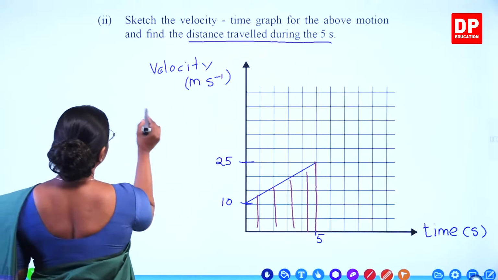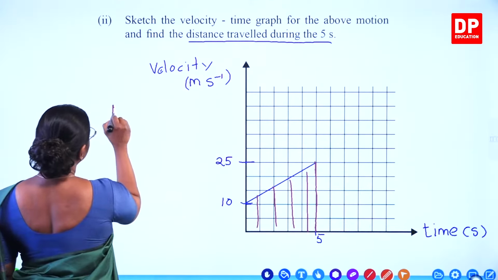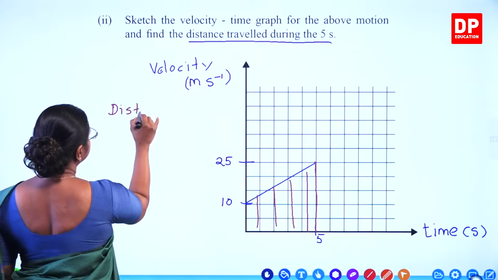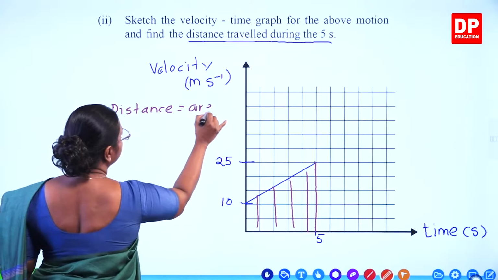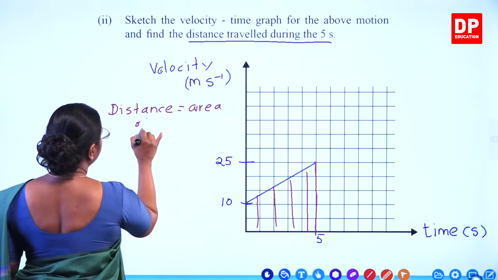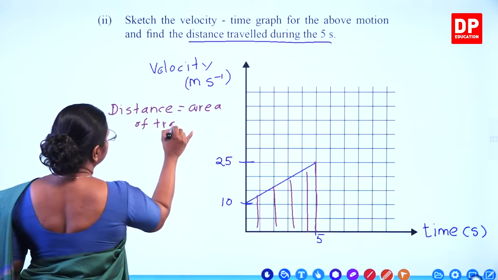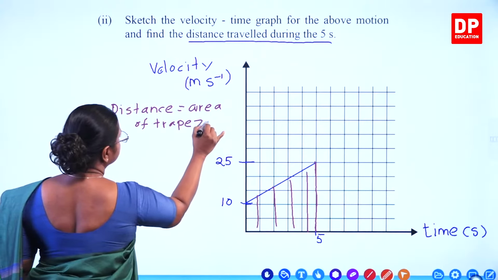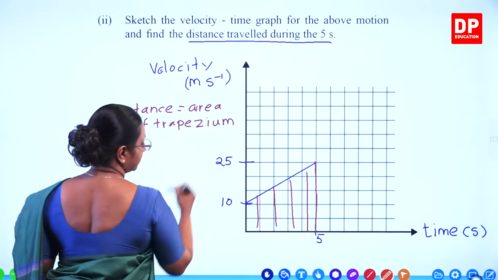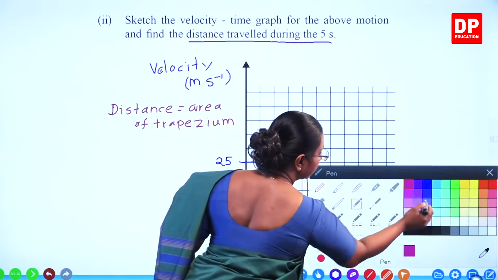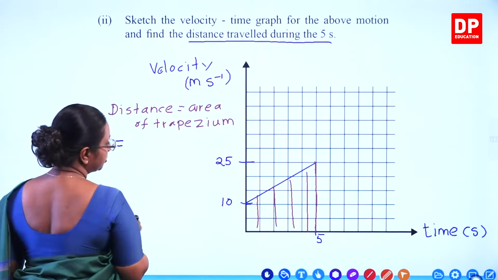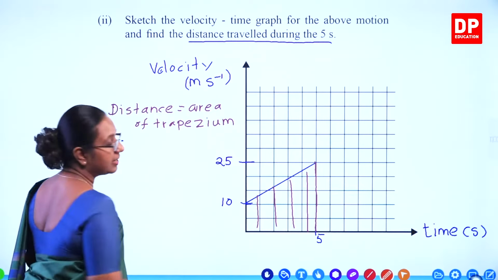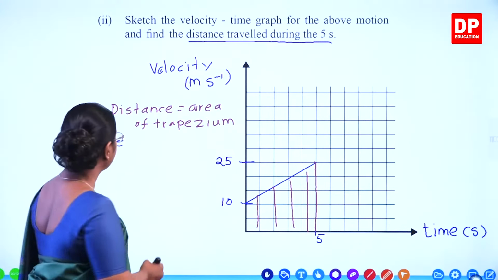So if I do the calculation here, distance equal to area of trapezium. So I will do the calculation. That will be equal to the sum of the parallel sides divided by 2.